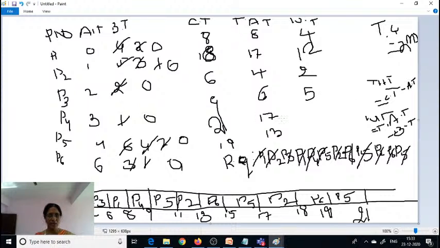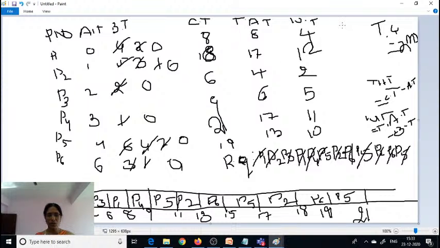And next, here 17 minus 6, that is, the P5 process waiting time is 11 milliseconds, and this waiting time is 13 minus 3, that is 10. So these are the turnaround times.